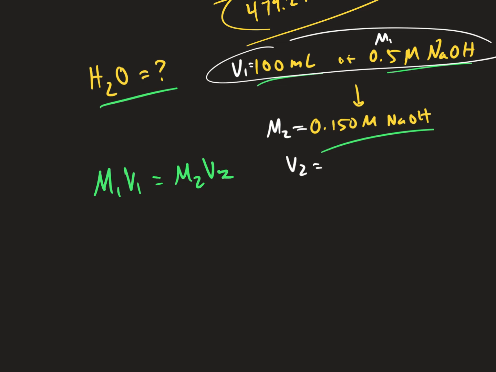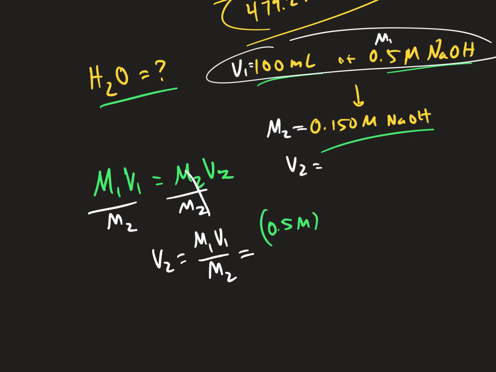Okay, so let's do this. We're looking for V2, so let's solve for V2. And we get V2 is equal to M1 V1 over M2. Let's plug our values in. We got M1 is 0.5 molar, and V1 is 100 milliliters over our M2, which is 0.150 molar solution.